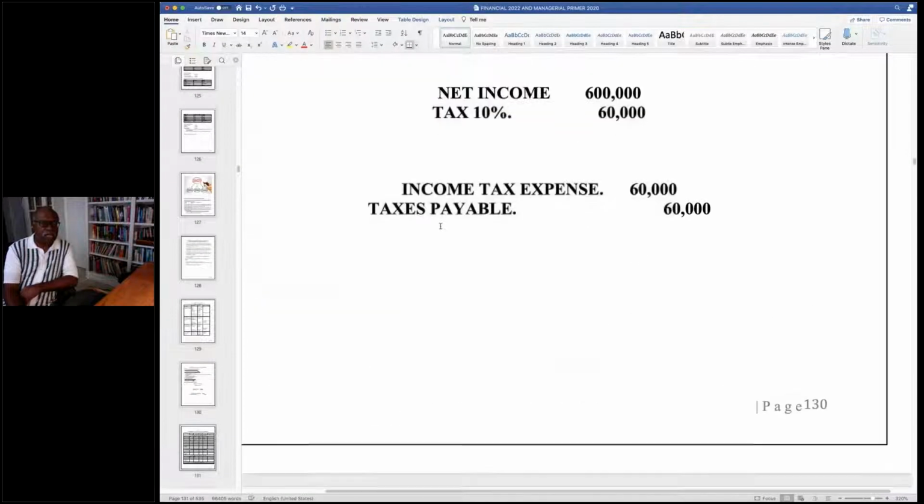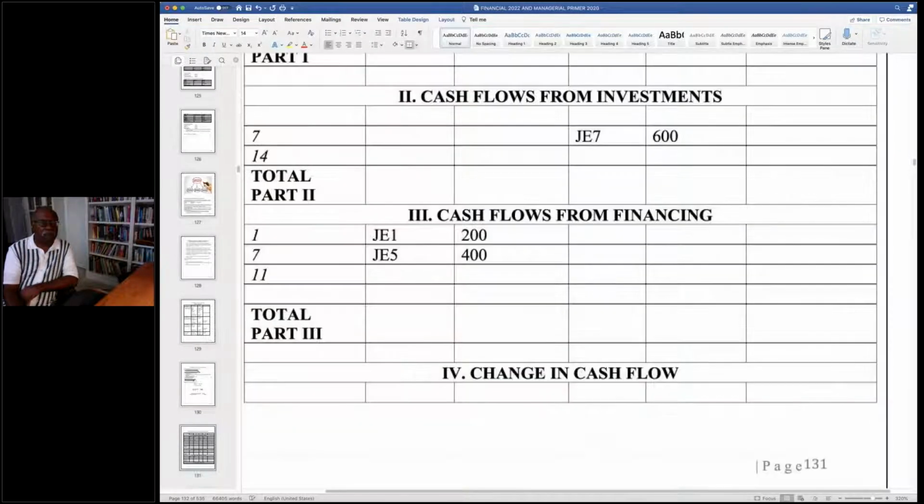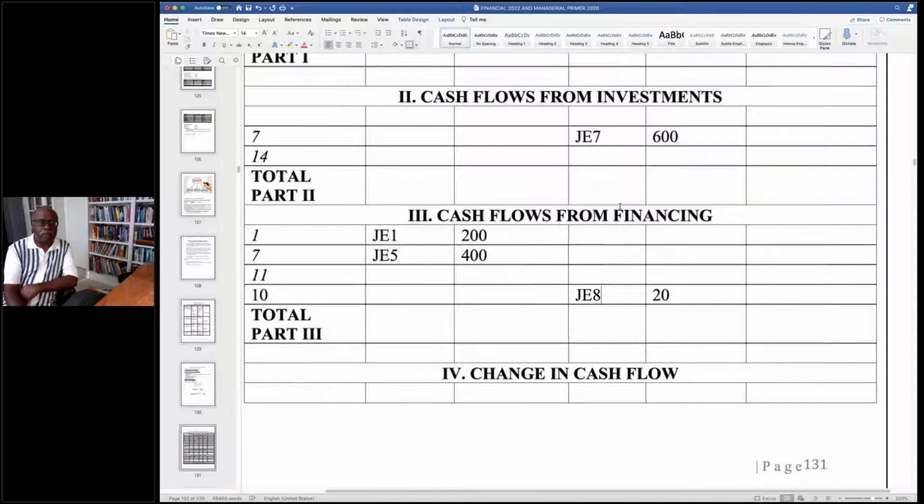So that's transaction 10. And so we're paying 200. And that is a JE8, but it's a long-term liability.